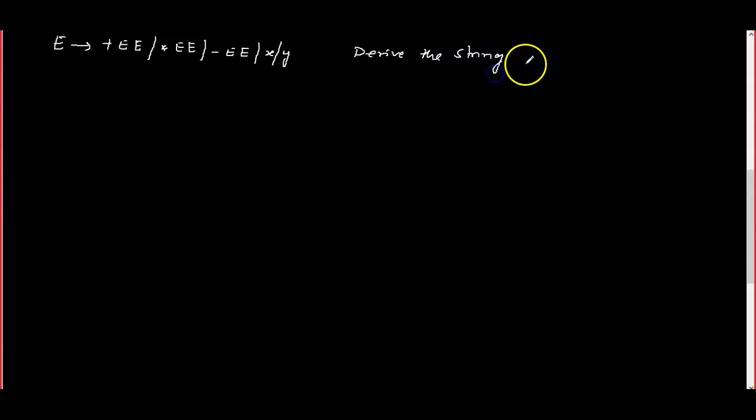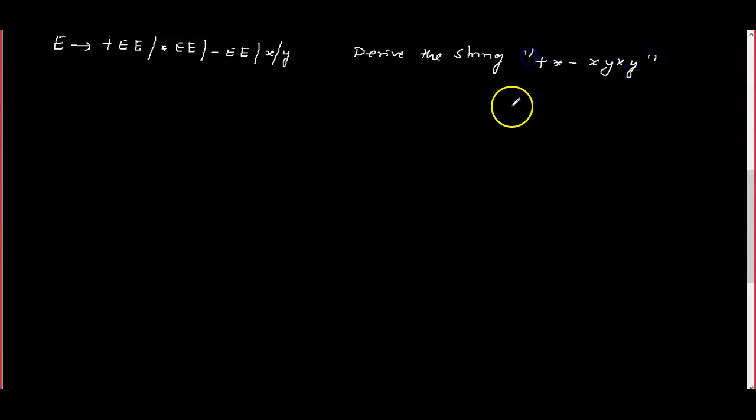Here, if given E derives plus EE, or star EE, or minus EE, or x and y. E means expression. We have to derive the string plus star minus xy xy.